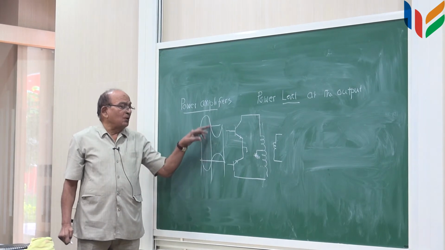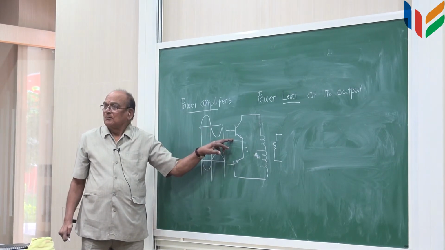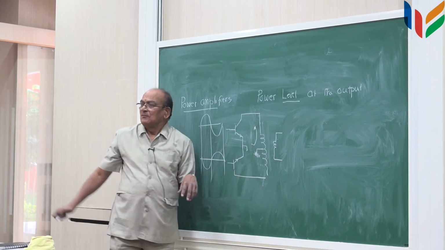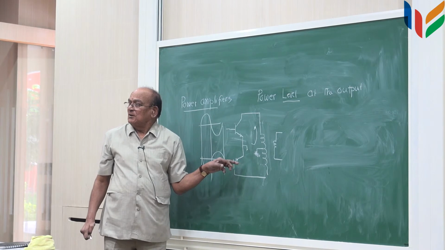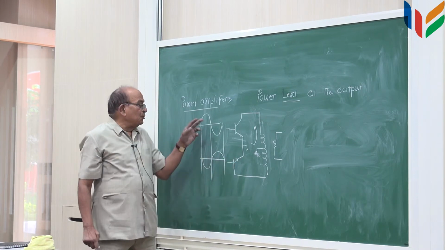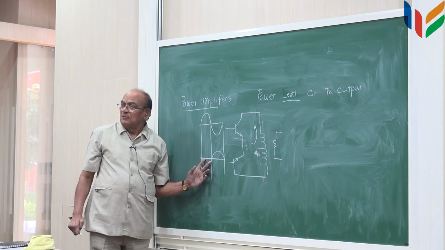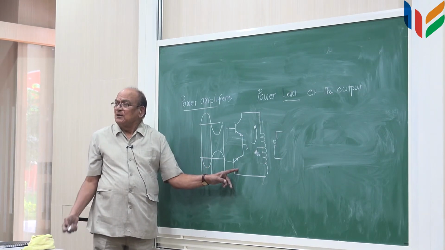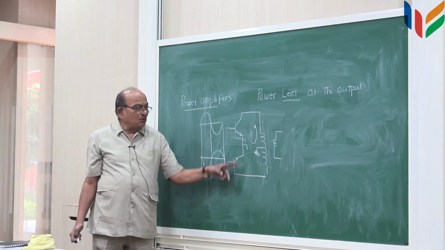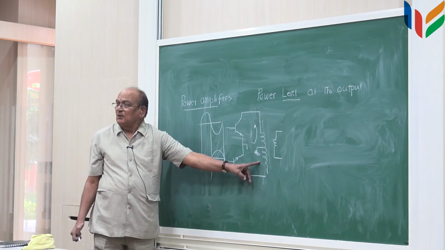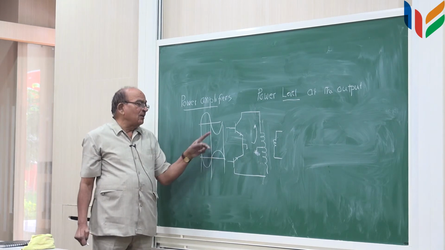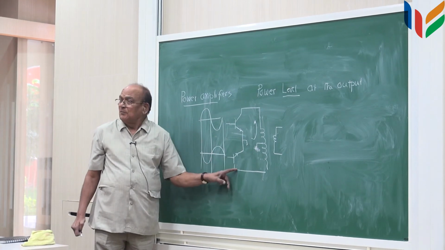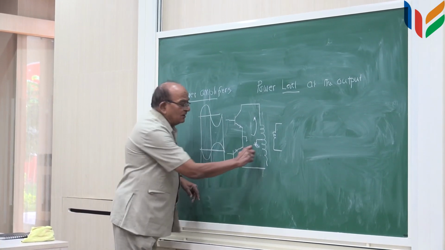When this becomes positive, this conducts and the current will flow like this from the power supply to the transistor. During that time, this is negative. Since VB is negative now, it will not conduct. So, no current in this other half of the circuit. In the other half cycle, this becomes negative, so this will not conduct, but this will conduct because this is positive now, and the conduction will be like this.